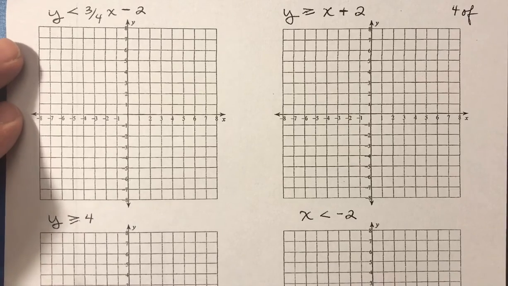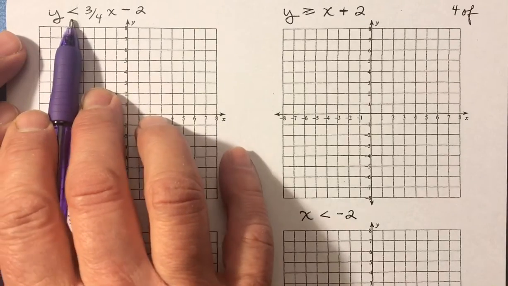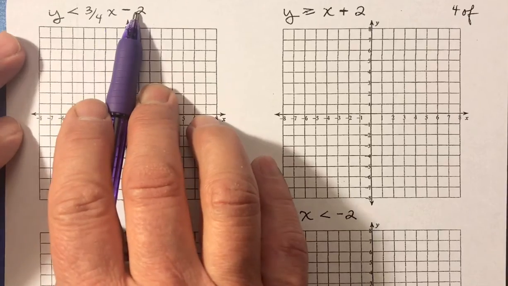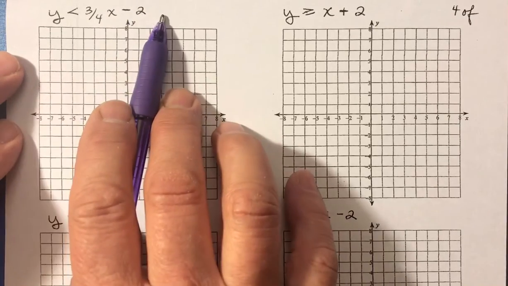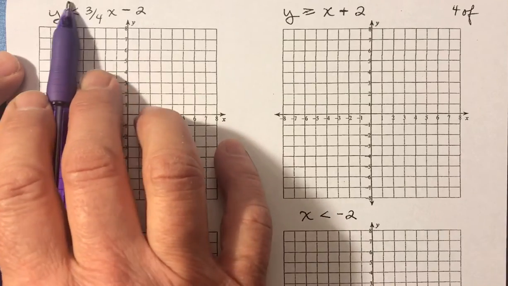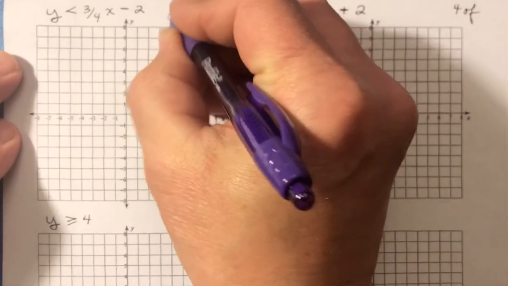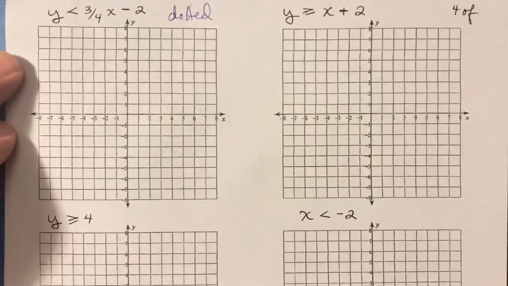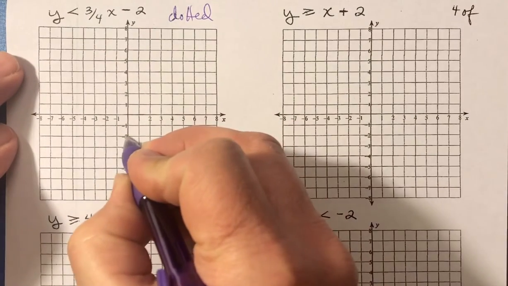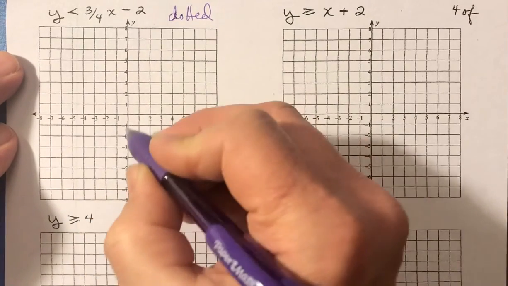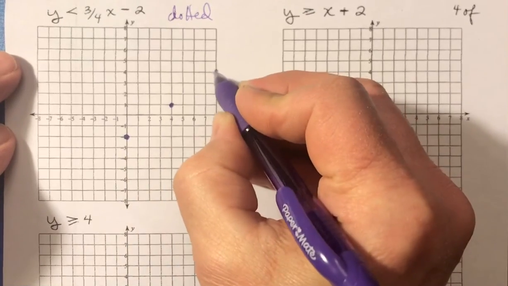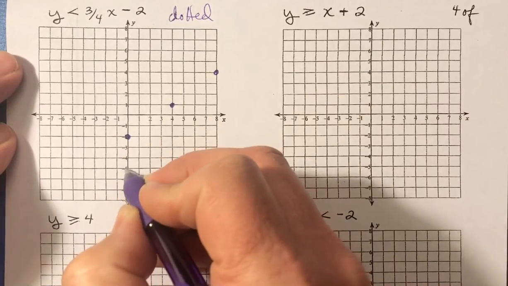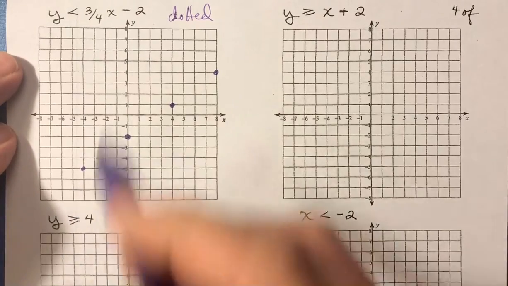y is less than 3/4 x minus 2. Now, I know how to graph y equals 3/4 x minus 2, but this less than tells me that I'm going to have a dotted line. So I'm going to start at negative 2, and I have a slope of 3/4, 3/4, and this would be 3/4 like this.